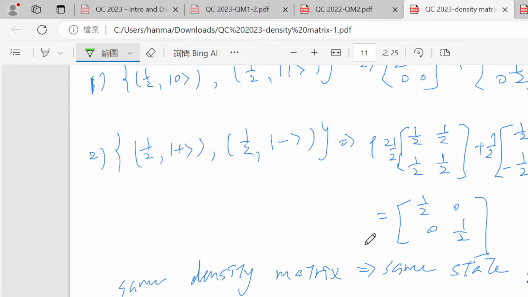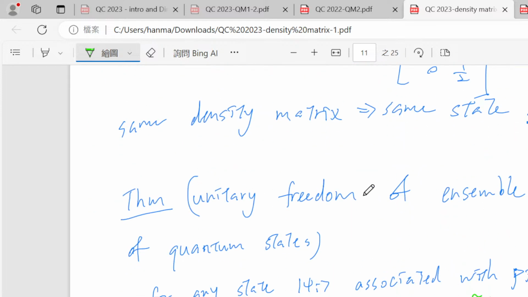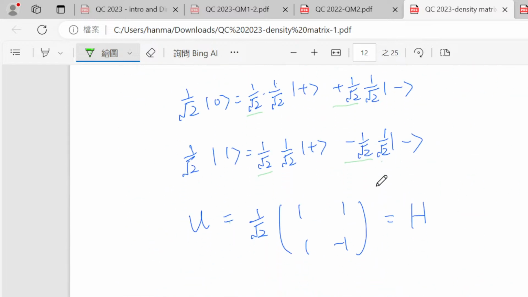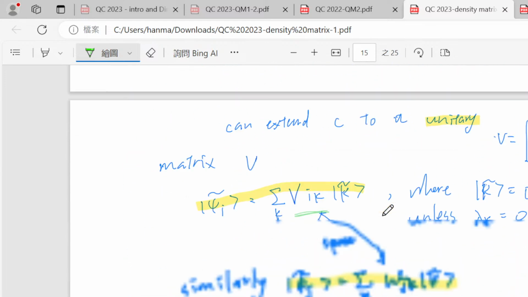In particular, this totally mixed state is an equal mixture of any two orthogonal states in your two-dimensional space. Okay, so those are characterizations of the density matrix.